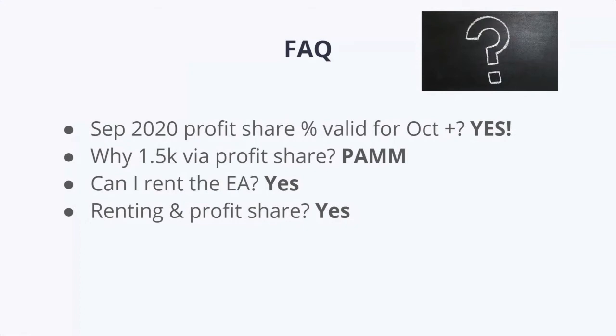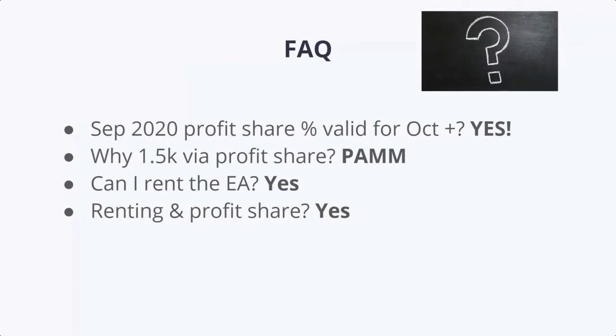The EA will be trading about 2.5 to 3,300 euros per lot, per micro lot. At the beginning we'll slightly reduce the risk, not use the top max risk, but that might change in the future. So that's why it is possible that there's 1.5K for the profit share model because of the PAM system.